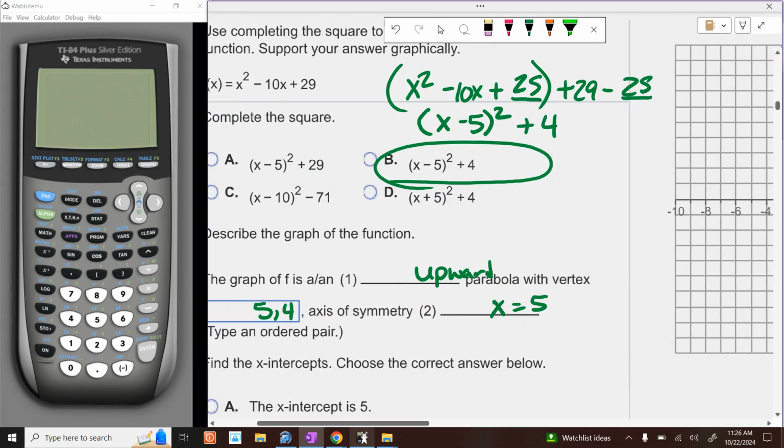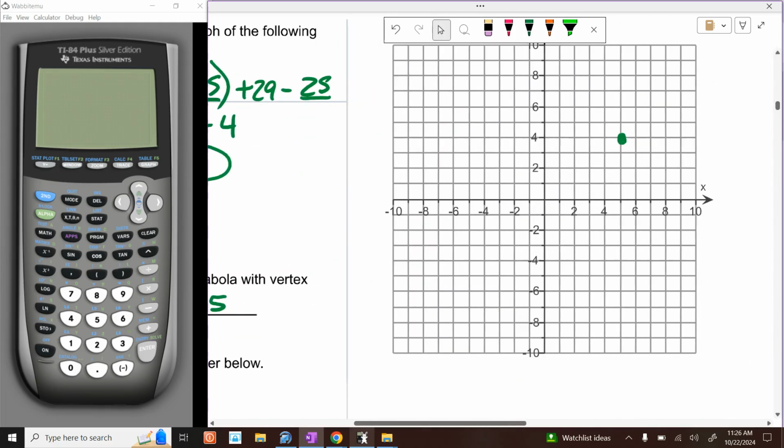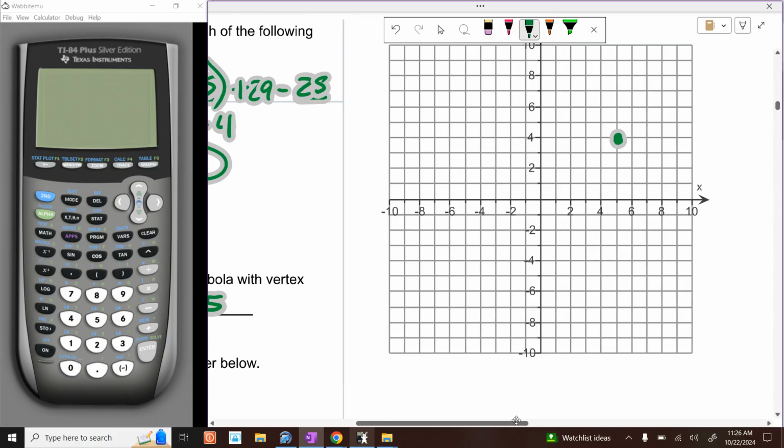So basically, you can go over 1 up 1, over 2 up 4. And that's where your parabola will be.